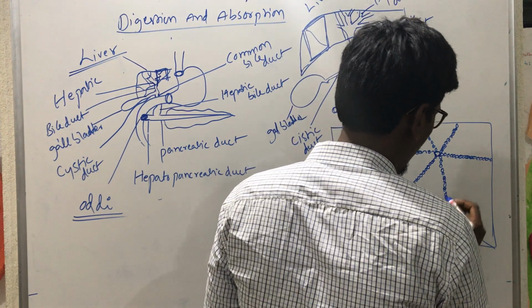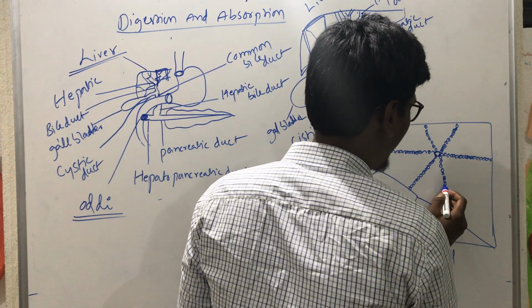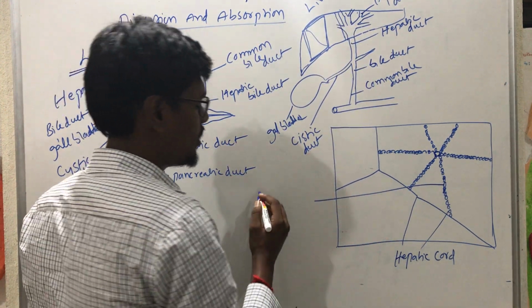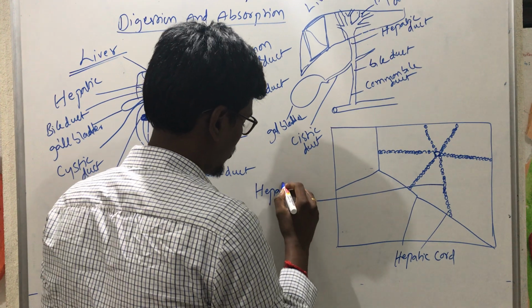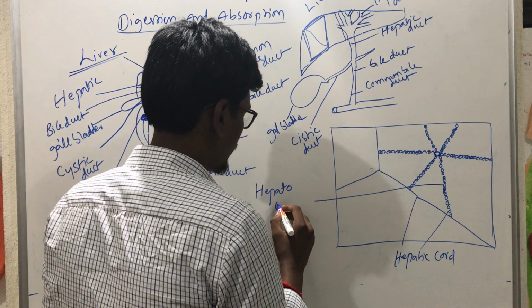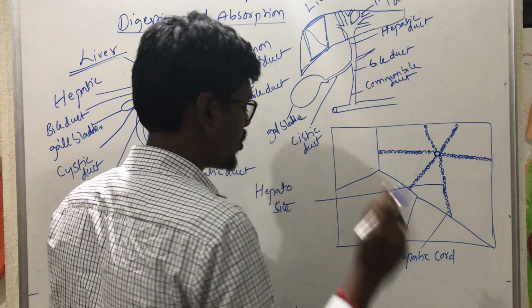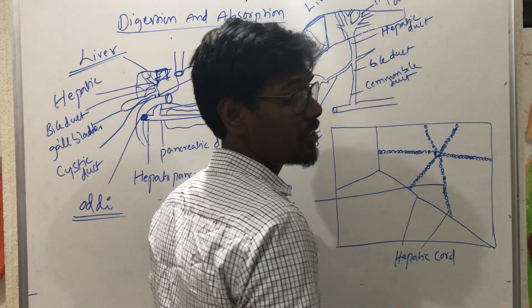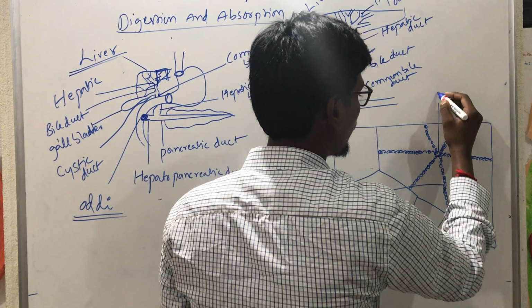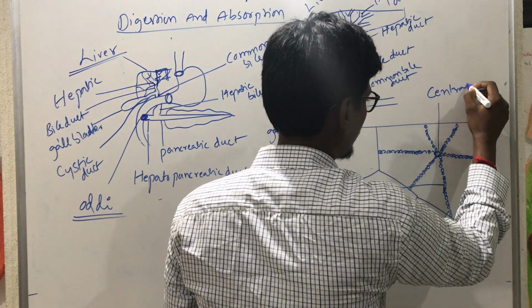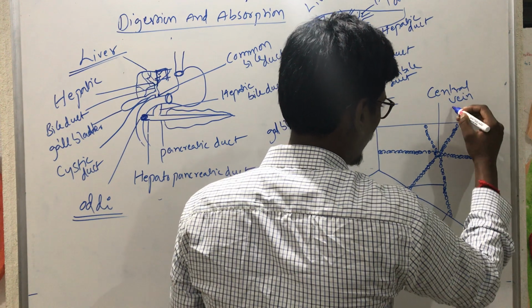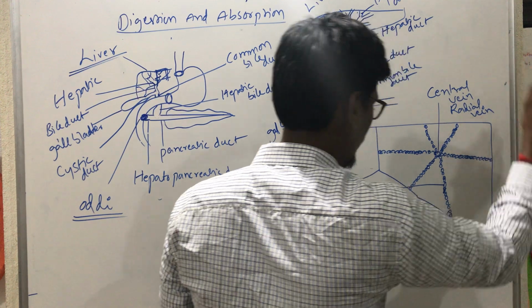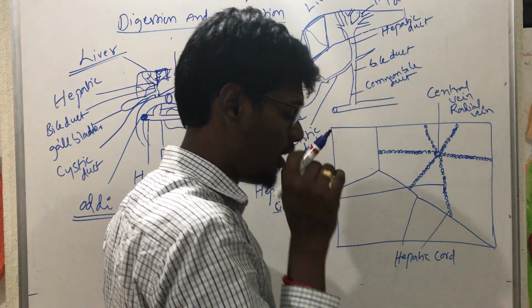These cells are called hepatocytes. Centrally placed is the central vein, or radial vein.